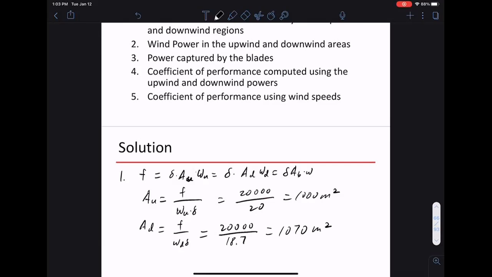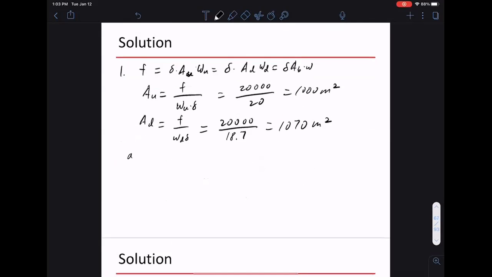Not terribly different between the upstream and downstream, because the speed difference is small. The speeds are quite close, quite similar.